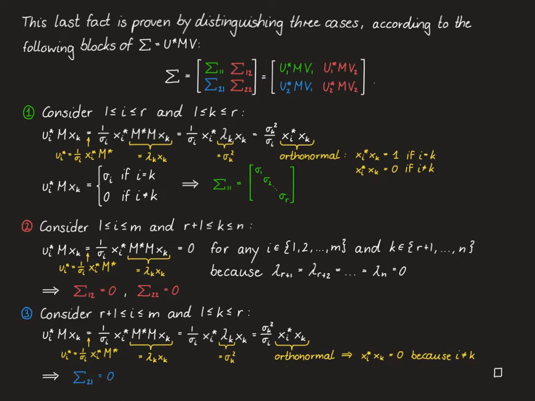Written collectively, this means that sigma 2,1 is equal to the 0 matrix, and hence our proof is complete.